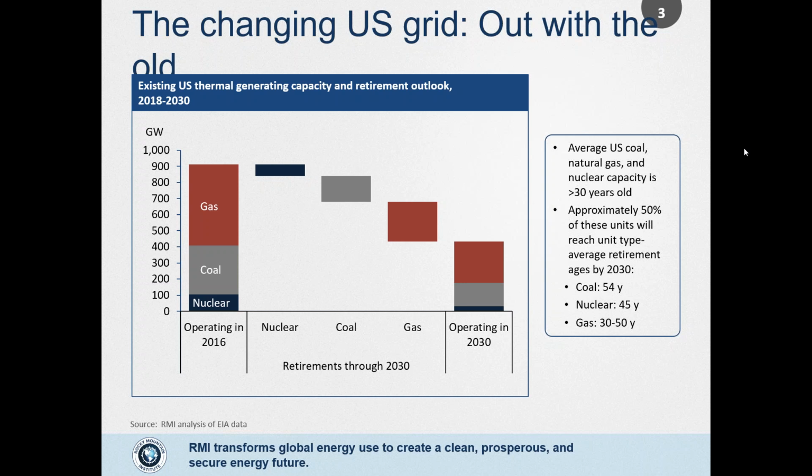More than half of the coal fleet will be coming offline, and about half of the gas fleet will be offline by 2030. So that's a lot. That's a huge gap in our energy system that we need to start planning for. And to my understanding, similar trends are happening in Europe with a lot of countries retiring coal. So how are we going to fill this gap?